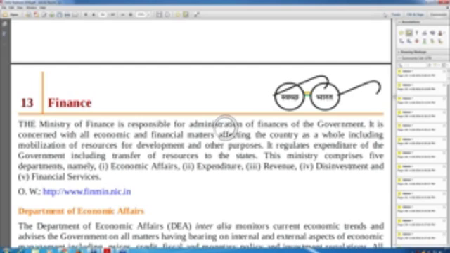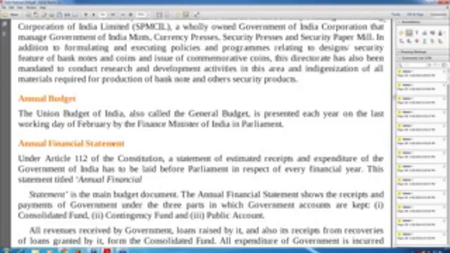Please open page number 347. Can you see agriculture?